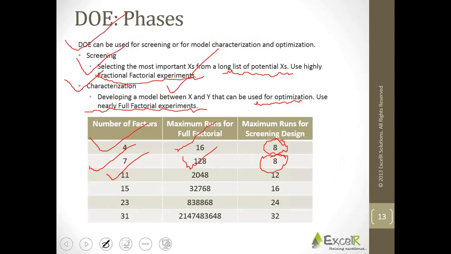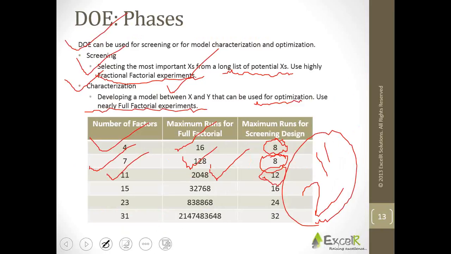So if the number of factors are 11, then you will have 2048, that is 2 to the power 11, right? Those many runs. But minimum number of runs that would be required are 12.